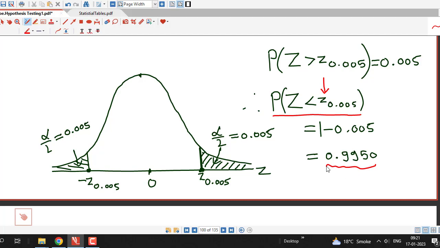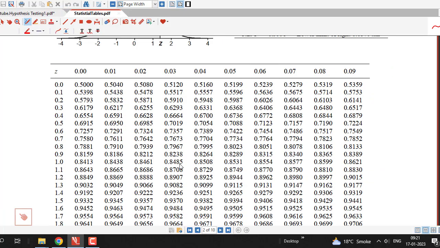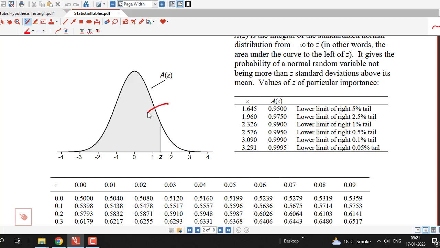So we have to search for this value or this area in the cumulative standard normal probability table, and we have to find out the corresponding value of small z. So we now search for 0.995 in the cumulative standard normal probability table. This is cumulative standard normal probability table, and this shaded area is nothing but probability that capital Z is less than this value, and here we are interested in the area of 0.9950.